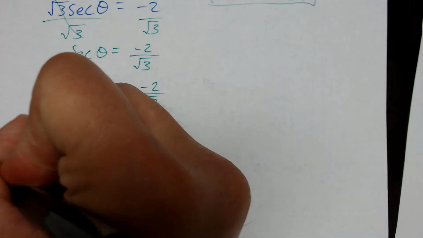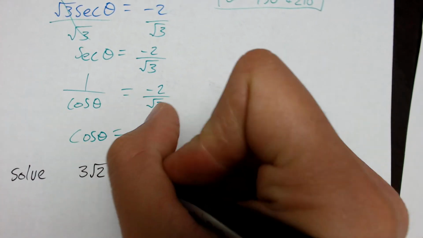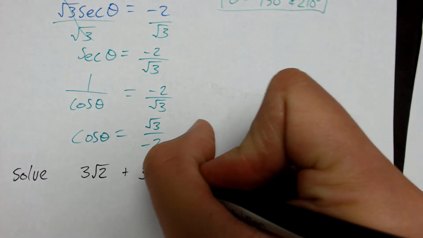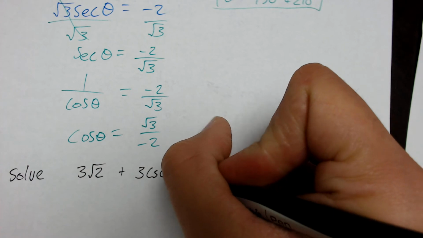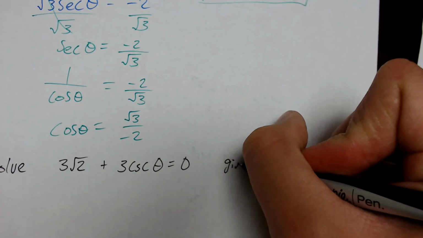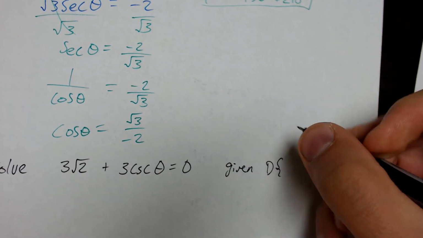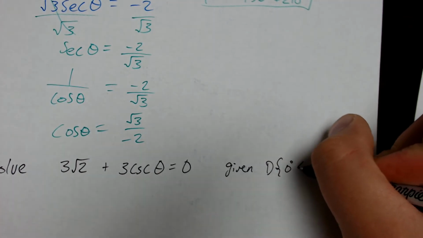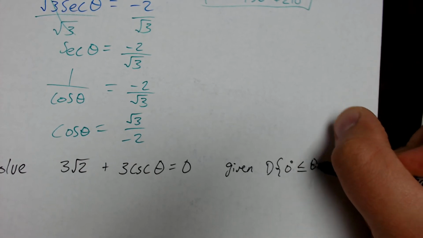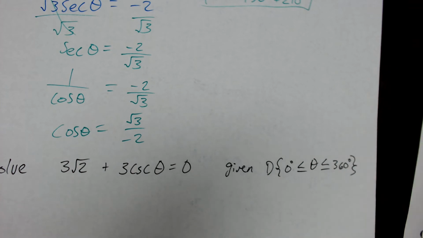So they want me to solve 3 root 2 plus 3 times the cosecant of theta equals 0, given the domain of theta being somewhere in between 0 and 360 degrees.